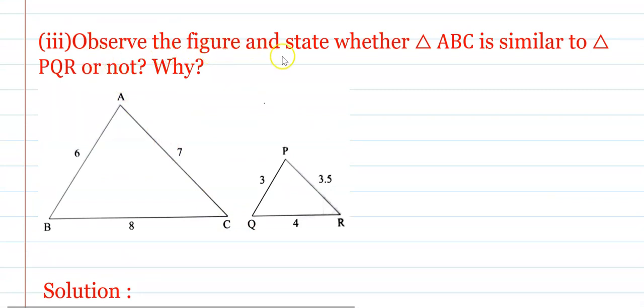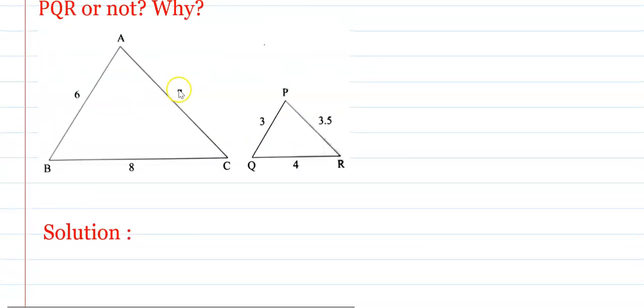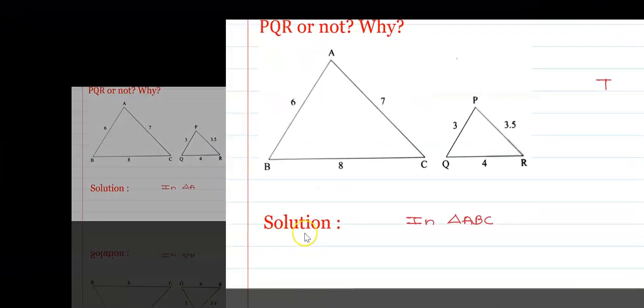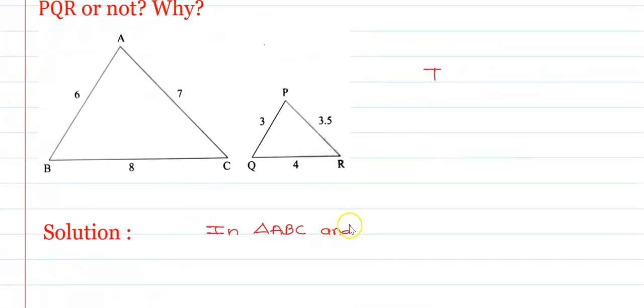Observe the figure and state whether triangle ABC is similar to triangle PQR or not. Okay, now first of all, see this here. We will find out the ratios in triangle ABC and triangle PQR.